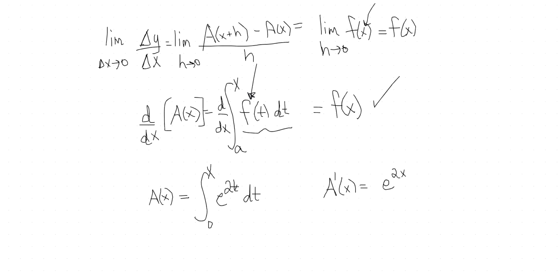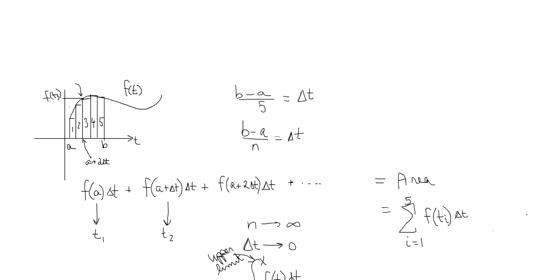Now we're going to make another connection, which will lead us to the second part of the fundamental theorem. If we look at our original expression, the Riemann sum, that is the area under this f of t curve, we can also consider another interpretation for these products, these rectangle areas that we have collected.